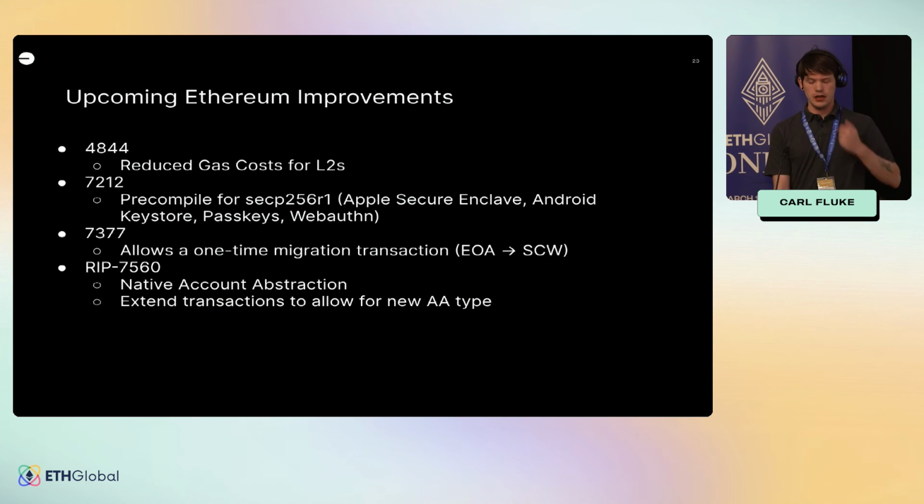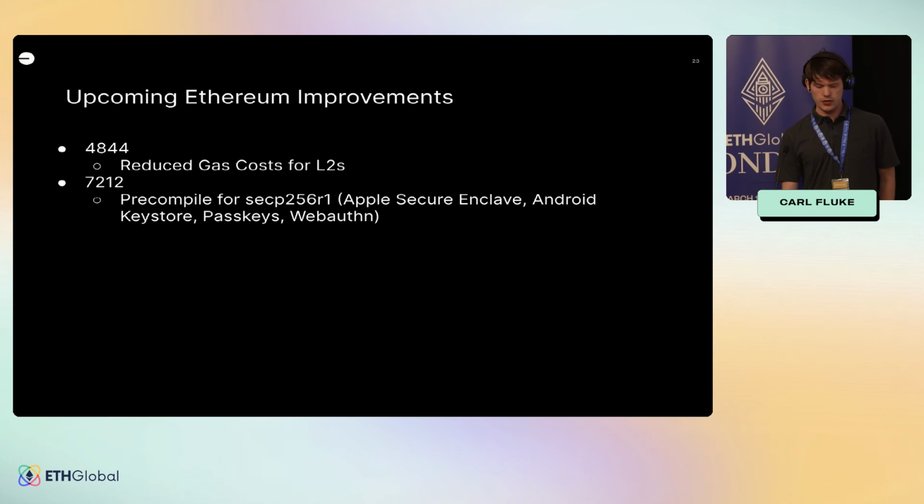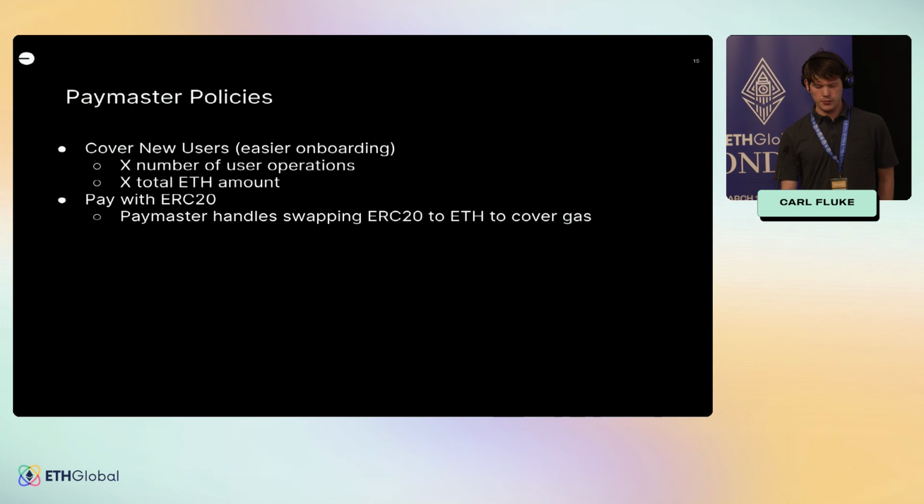Yeah, 100%. So this is a proposal to actually change the default transaction type in Ethereum to include 2 or 3 new types that are AA specific. So when I showed that user op example, there are new fields.